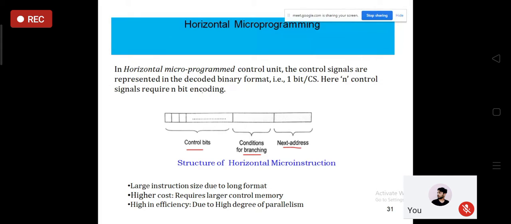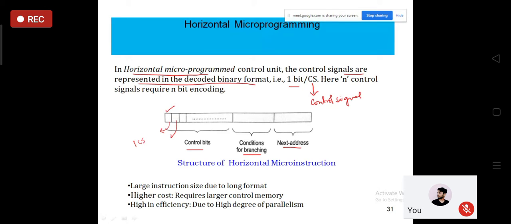So please mention in the decoded binary form. 1 bit for one, what is CS? What is CS? That is, this bit is responsible for one control signal.